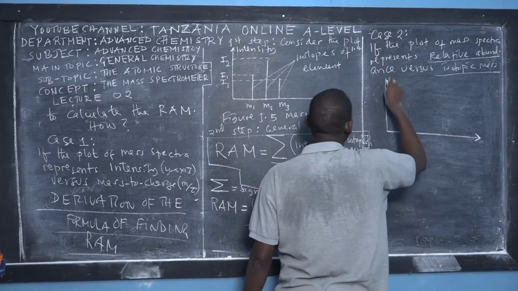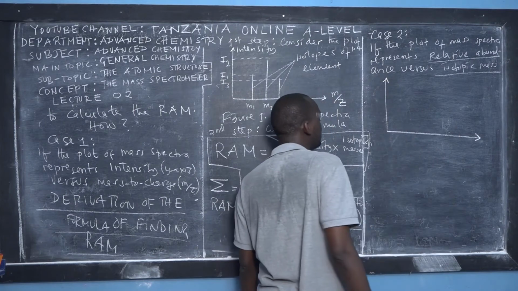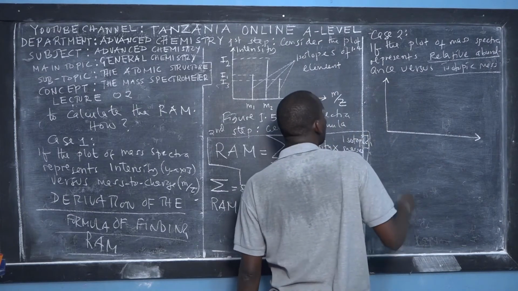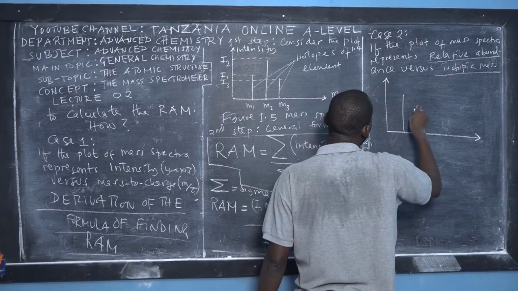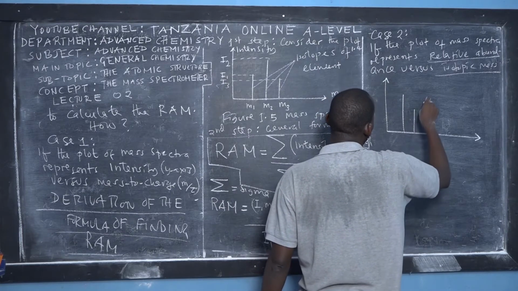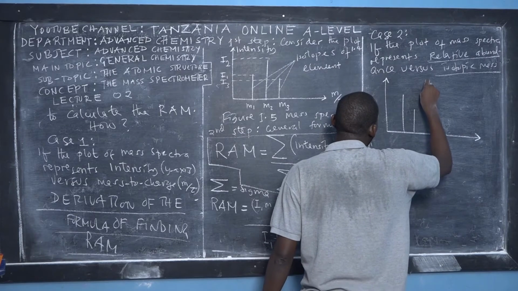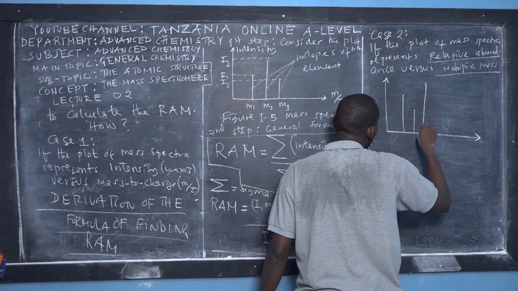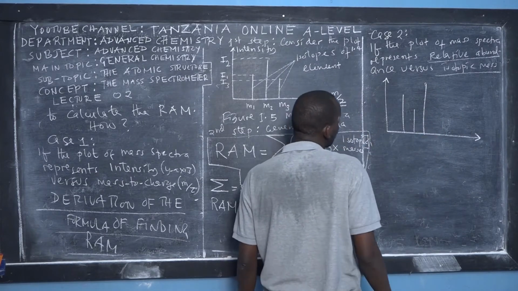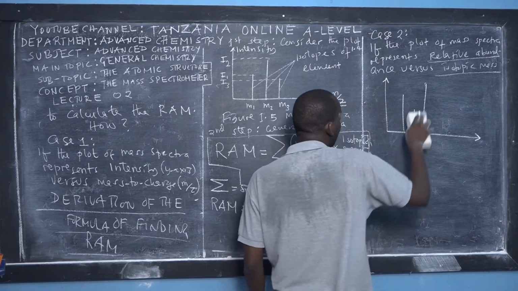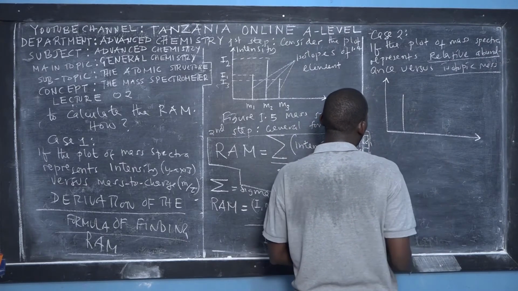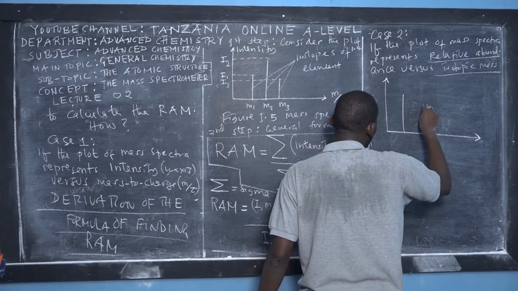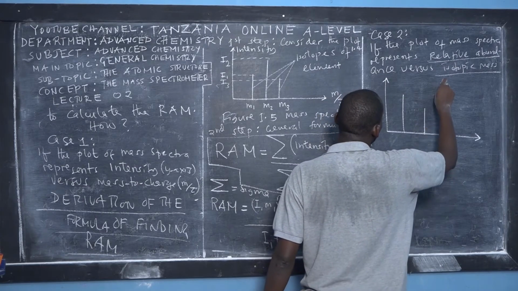Suppose we have an element having 3 spikes, 3 peaks, after it has been introduced in the mass spectrometer, and the spectrum can even spread wider like this.